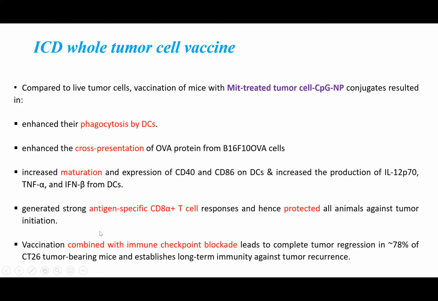So the vaccination combined with immune checkpoint inhibitor resulted in complete tumor regression in about 80% of colorectal cancer-bearing mice.